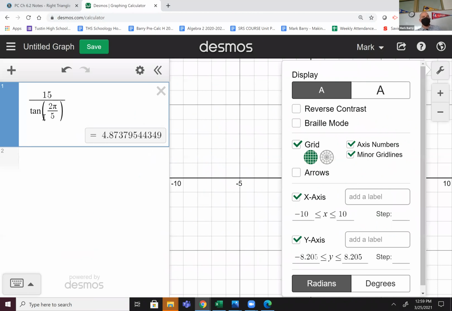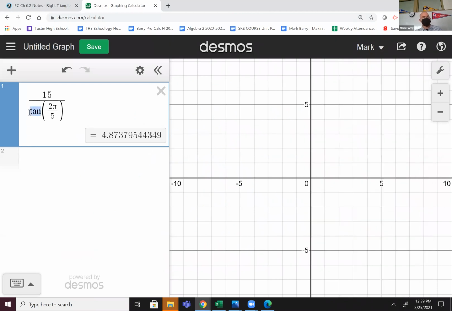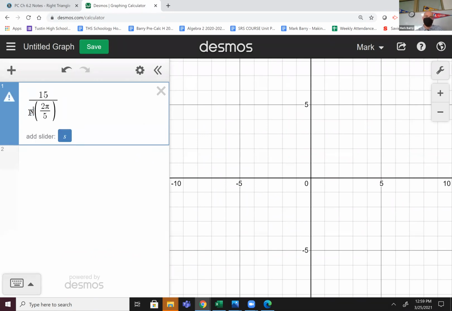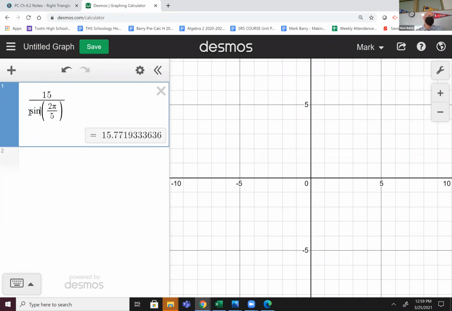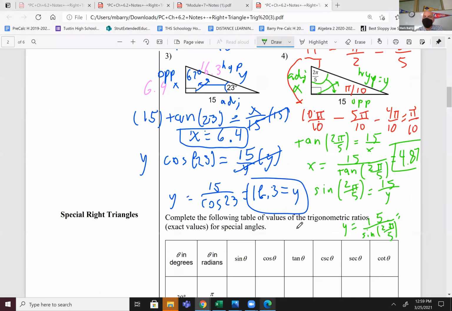What's really nice about Desmos is that we can just go in here and highlight that and delete it, or just type over it sine. That would be 15.8.